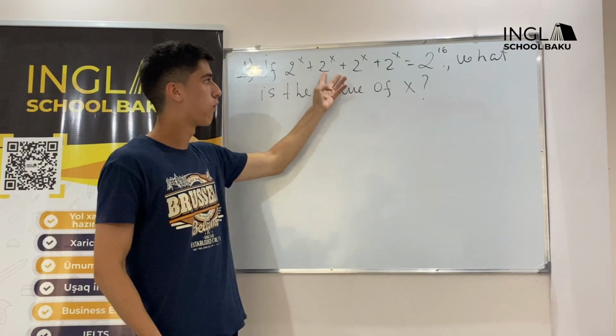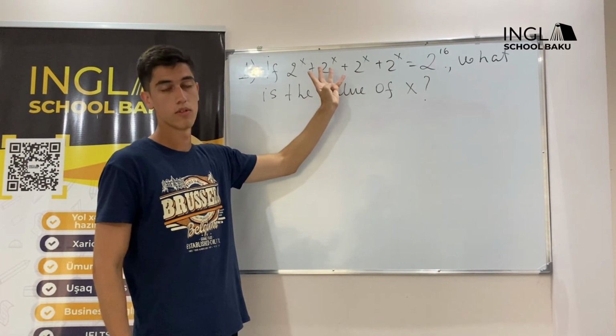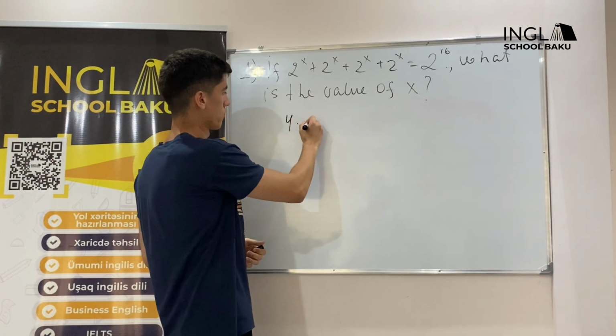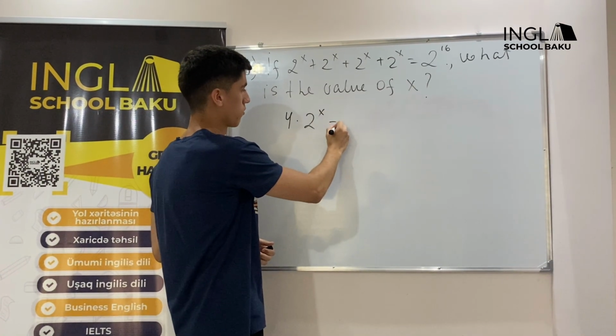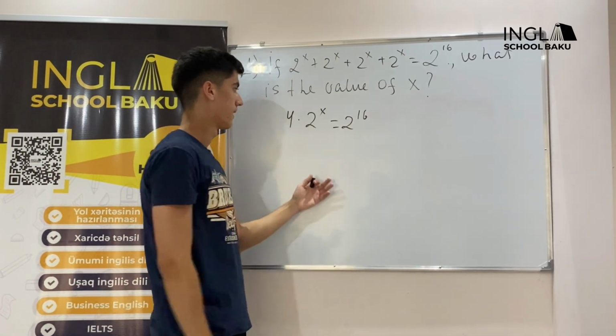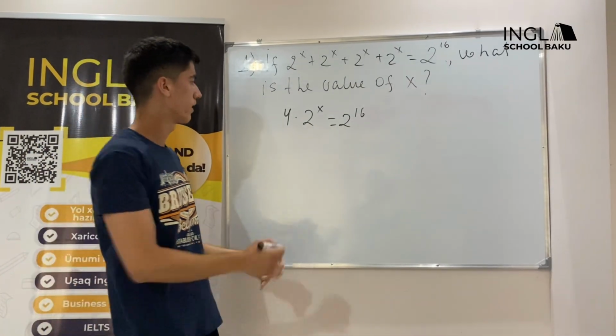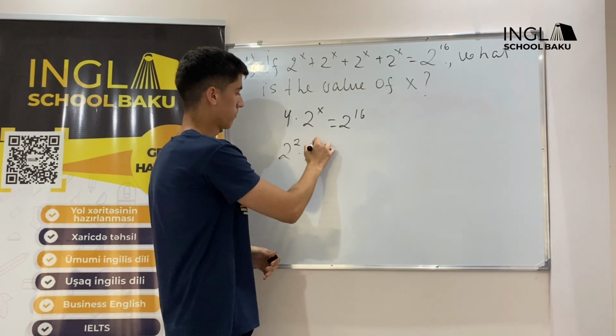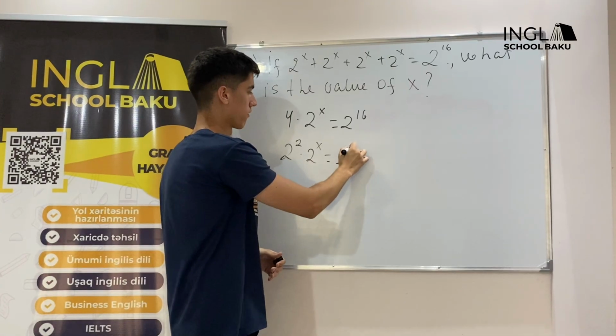We see that there are 4 same, let's say, variables. So we write 4 times 2 in power x equals 2 in power 16. Okay. Then, what's 4? 4 is 2 in power 2. 2 in power 2 multiplied by 2 in power x gives us 2 in power 16.